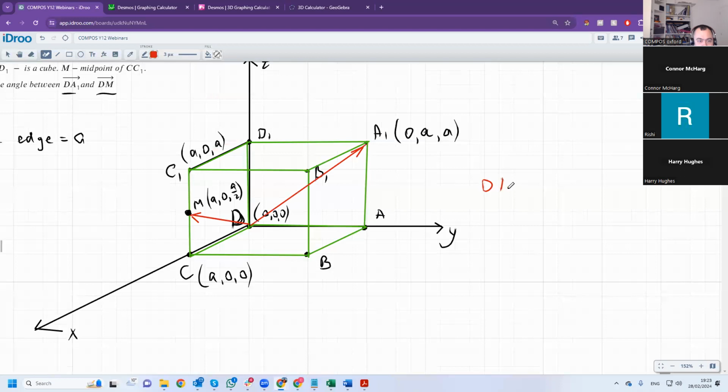So vector DA1 is going to be 0 minus 0, so that's 0, 0, A. And DM is A minus 0, so it's A, 0, A over 2.